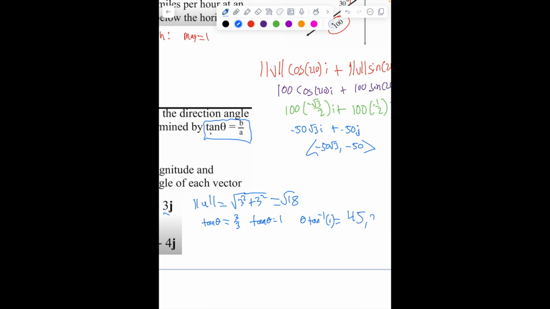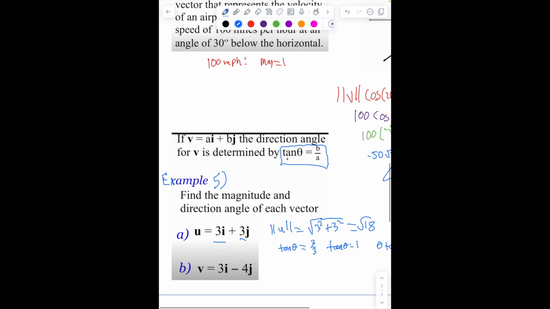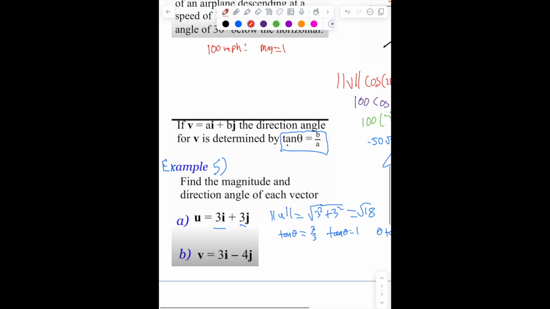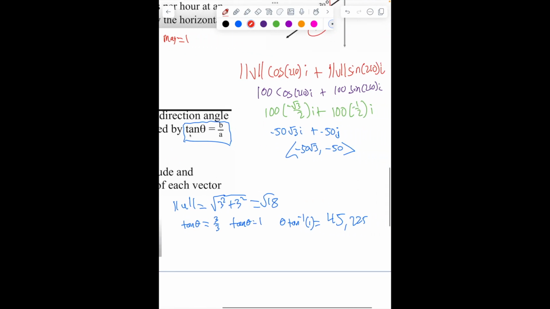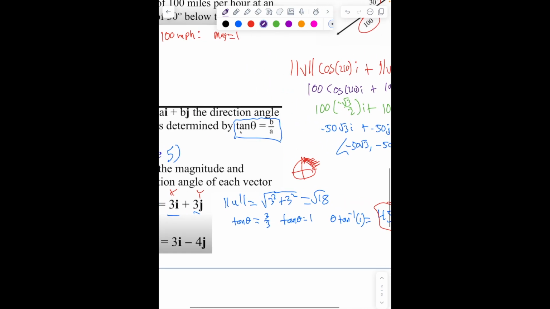There's two answers, 45 or 225. However, because we have a positive x value and a positive y value, according to our unit circle, our answer can only be in quadrant 1. Therefore, our final answer has to be 45 and cannot be 225. All right, one more example.